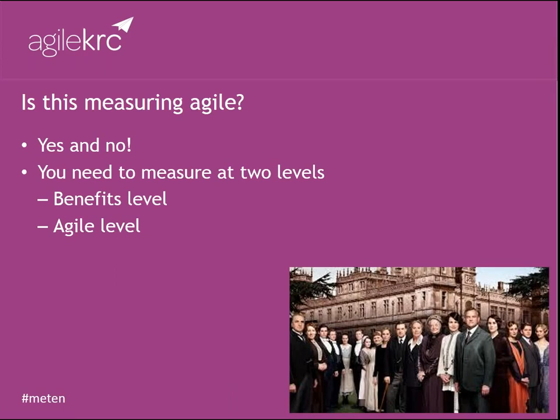The one is what I call the benefit level. So if your project comes in on time, if you're running a project or delivering a new product, is it making these savings? Is it making the revenue you need? This is very much what I call benefit. Another word you might want to use for that would be value. But measuring whether Agile works is different.